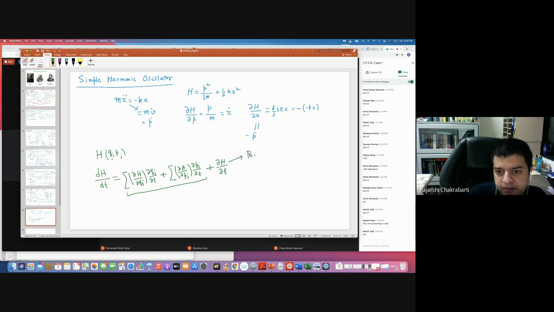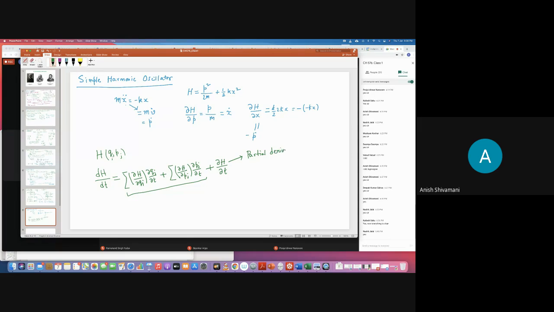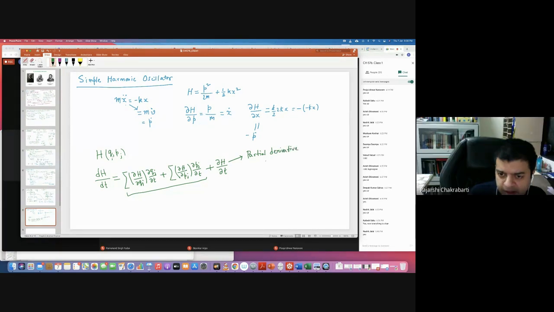What is partial derivative in this case? If the Hamiltonian has explicit time dependence, then that will come. Physically, partial derivative means, say H is a function of Q, P, I don't change P and Q, but without changing P and Q, I'm just looking at the change in Hamiltonian. If I stay here, I don't change position, I don't change momentum, but the Hamiltonian changes as a function of time.